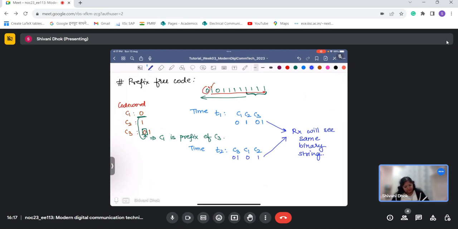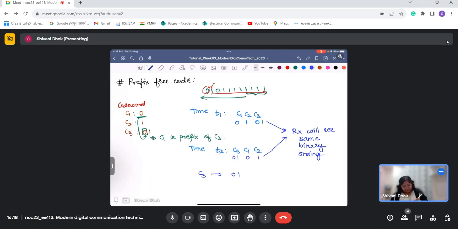Or irrespective of that, if I transmit C3 only, which is 01, how will the receiver decide whether it is C3 or it is C1 and after that C2? Since C1 is a prefix of C3, this decodability goes away.